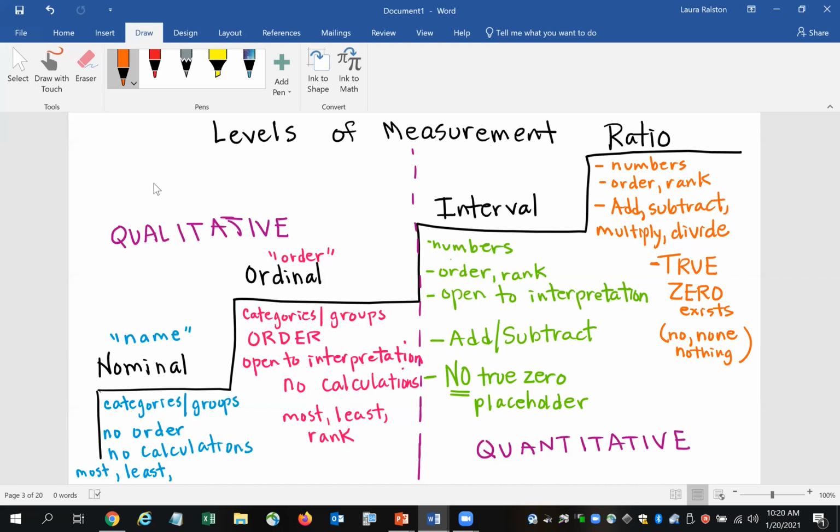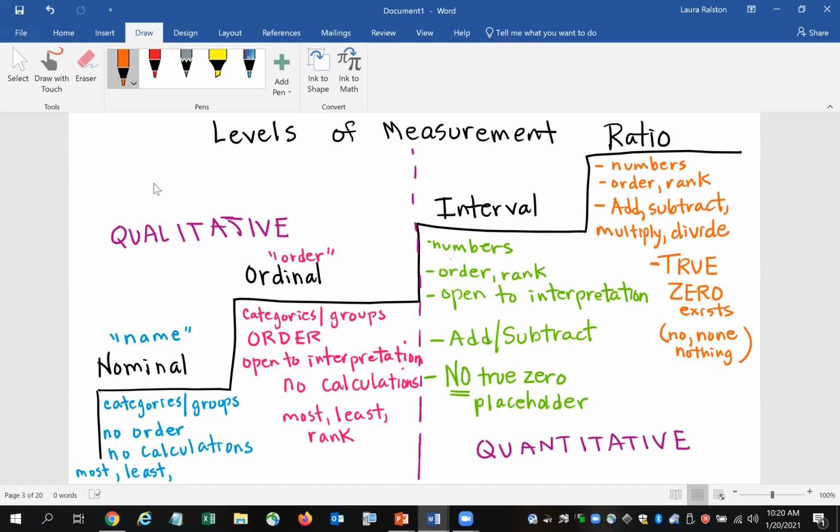What would it mean to have 0 of something? For example, in this class, your textbook is free. So we would say you paid $0 for your textbook. Well, in that case, 0 means none or nothing, which means we're at the ratio level.